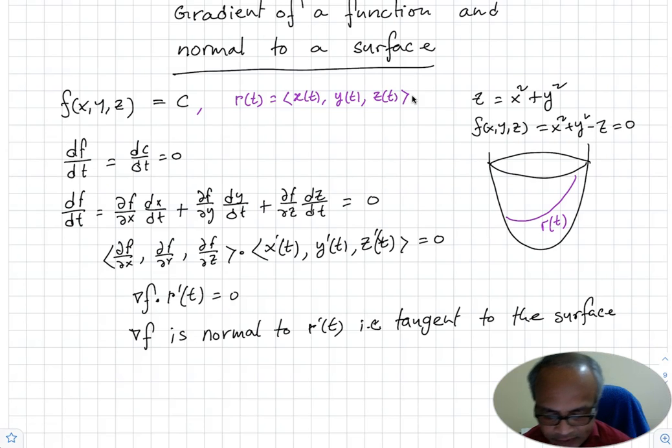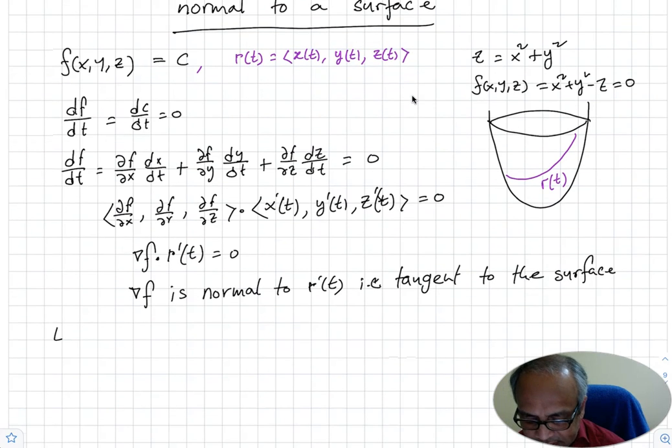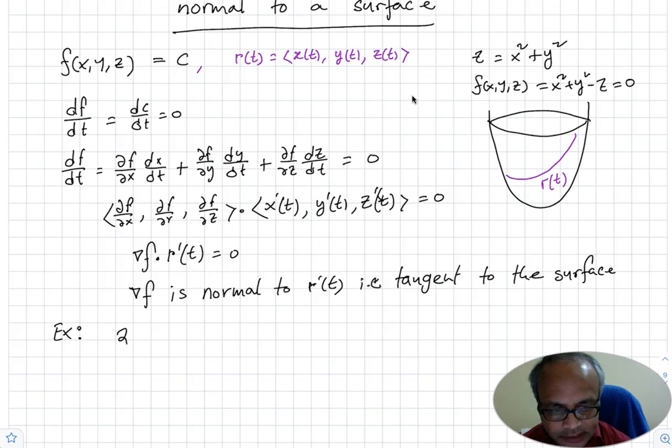So if you take any function, for example, just consider a plane, for which we do not need a gradient to understand the normal. For this plane, we have already learned that this plane has a normal direction 2, 3, -5.